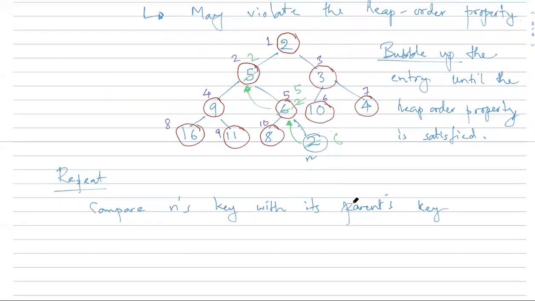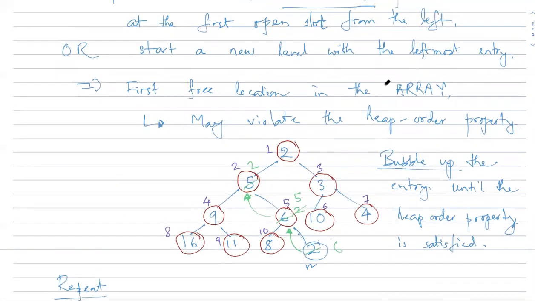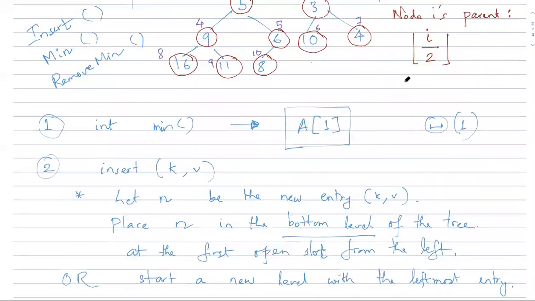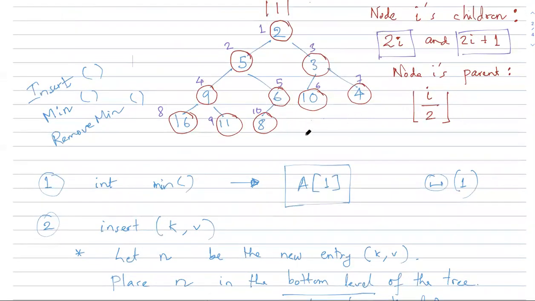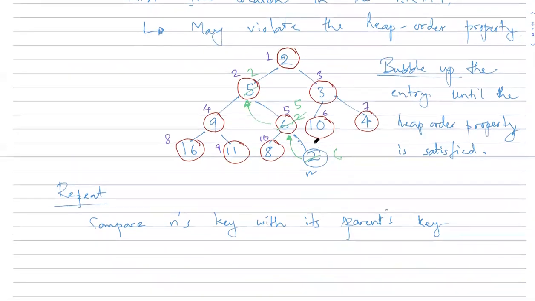And recall that checking with the parent essentially means you're taking the index of the current variable. So the index of this variable is 11. So how do you go to the parent node? 11 divided by 2. The index divided by 2, which leads to 5. If you were to go to this node's parent, then again you do 5 divided by 2, which is 2. So in this way, traversal of the parent is all in terms of the index arithmetic.